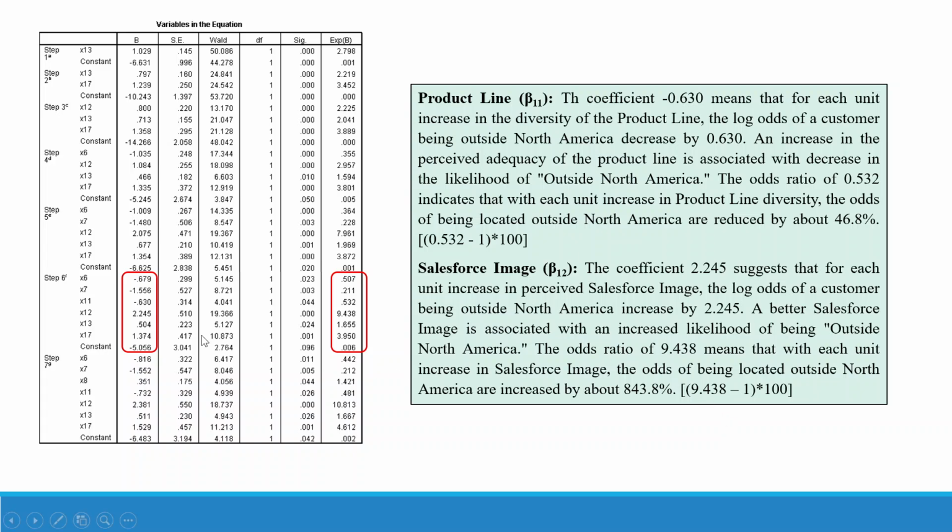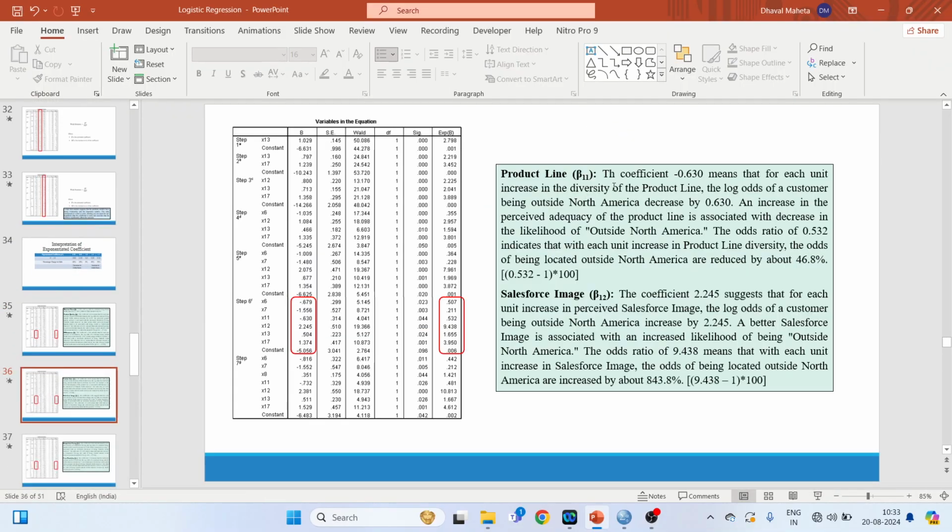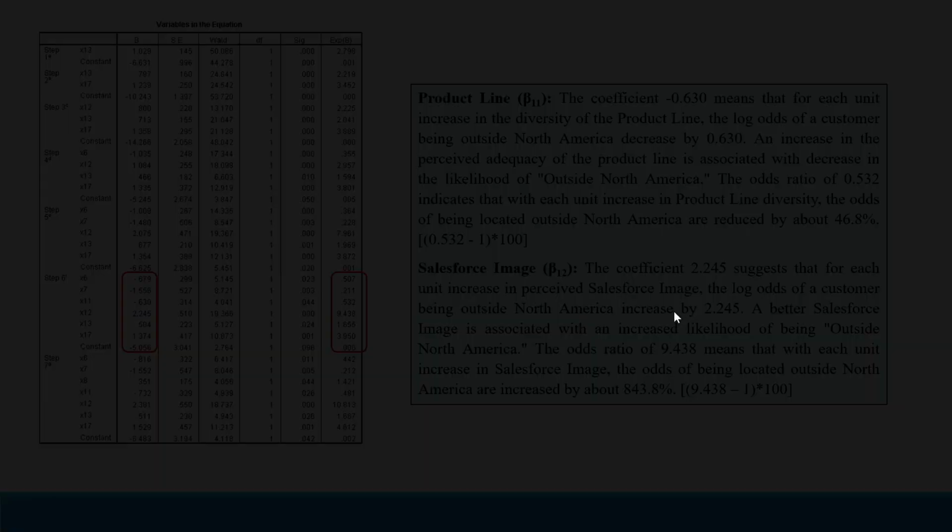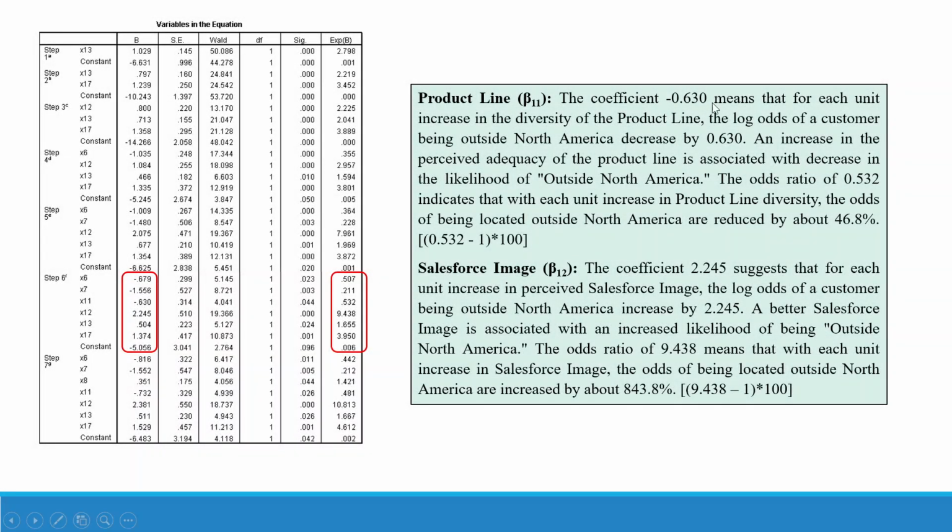Next, product line, that is X11, beta 11. This is also negative. The coefficient minus 0.630 means that for each unit increase in the diversity of the product line, the log odds of customer being outside North America decreases by 0.630.